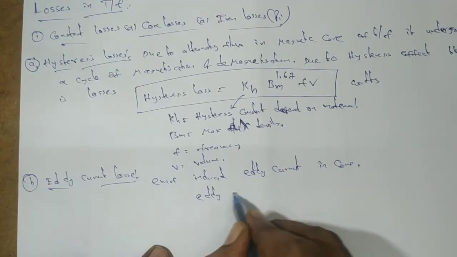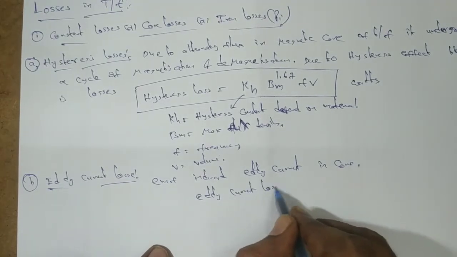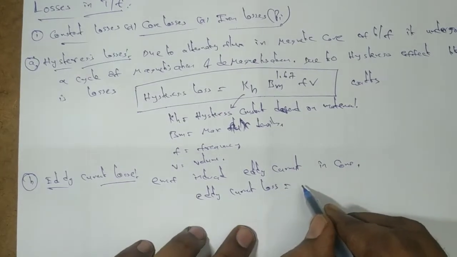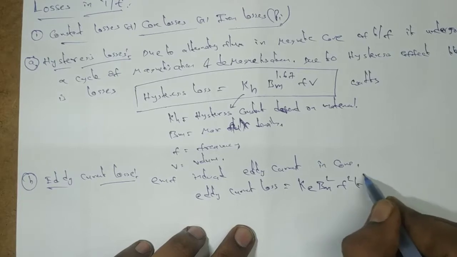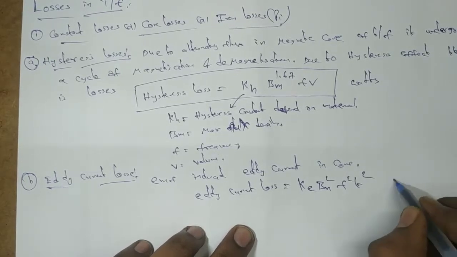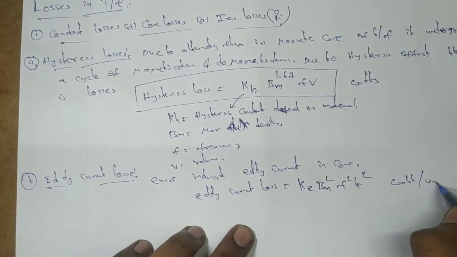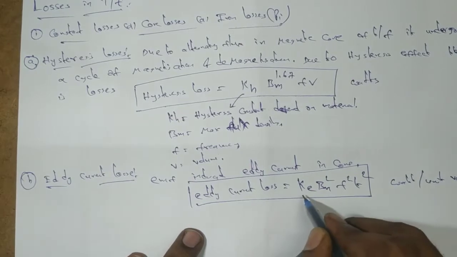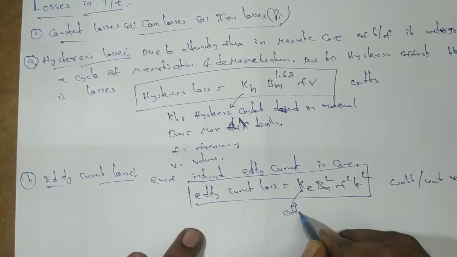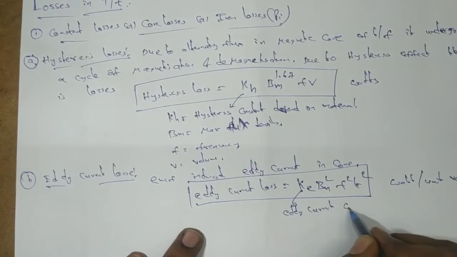Eddy current losses are given by Ke, the eddy current constant, into Bm square into frequency square into T square, where T is the thickness of the material, and the units are watts per unit volume.